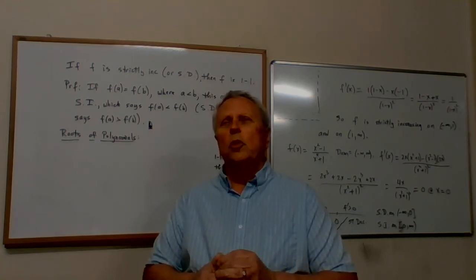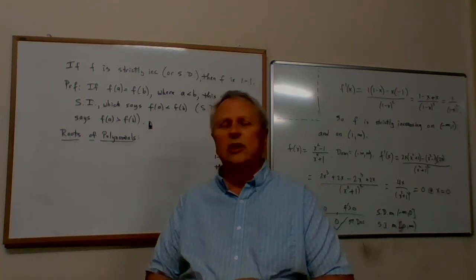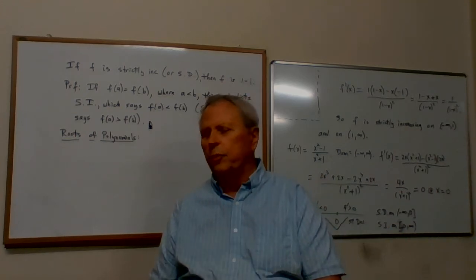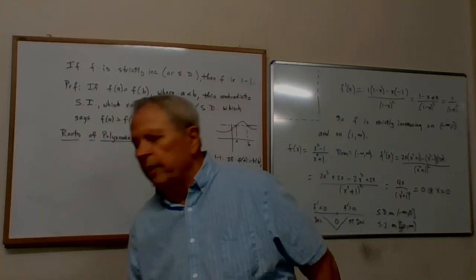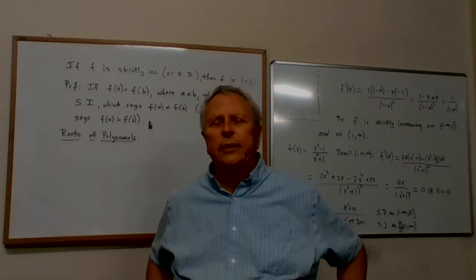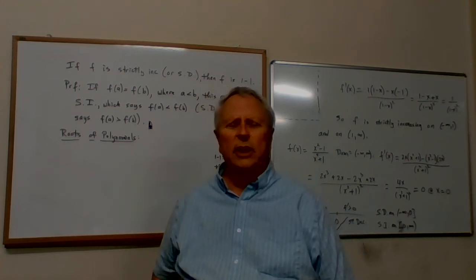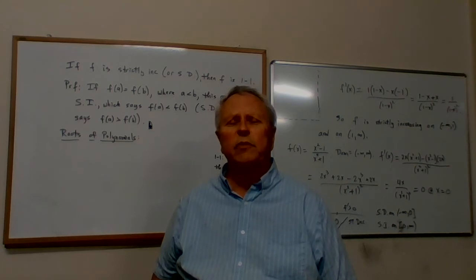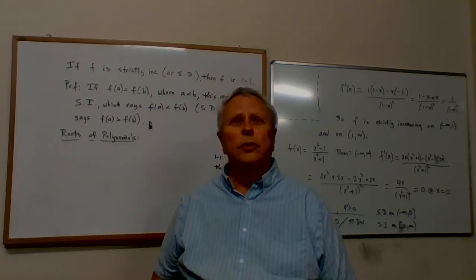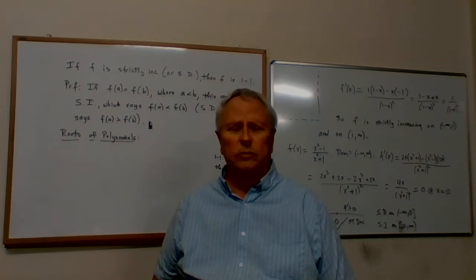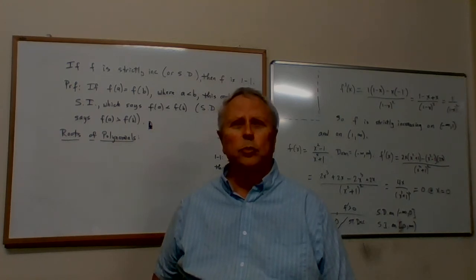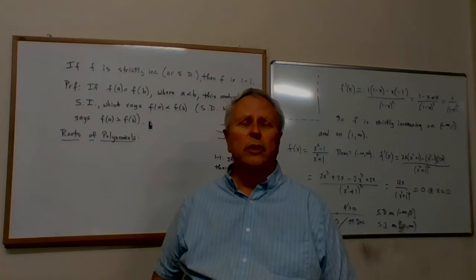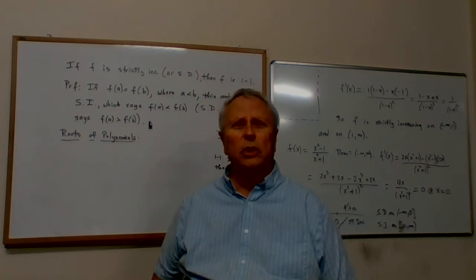A few moments ago, we talked about roots, as in square roots, cube roots, the ninth roots, all of those, the nth root of b. That's not what we're talking about here. When you talk about roots of a polynomial, you're talking about the places where the polynomial is 0. The roots of a polynomial are the places where that polynomial is 0.